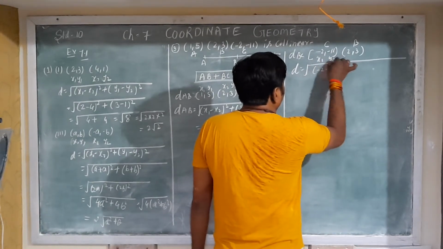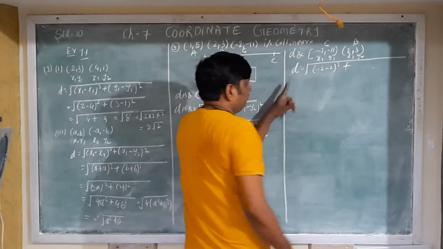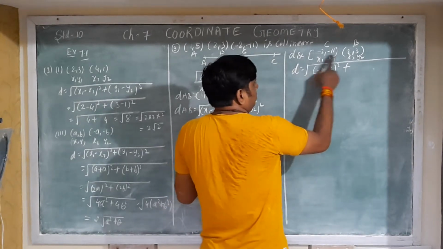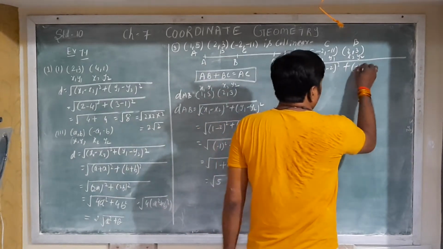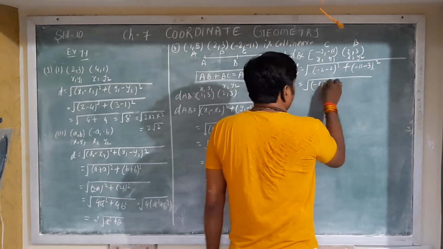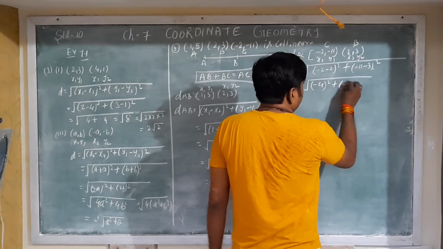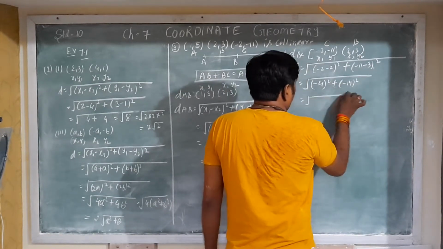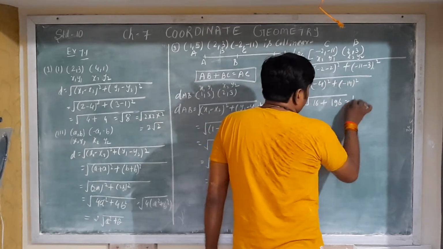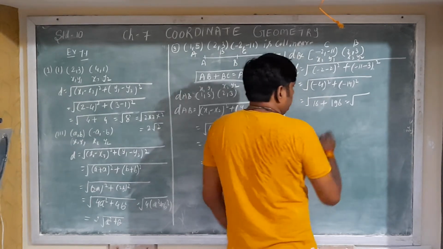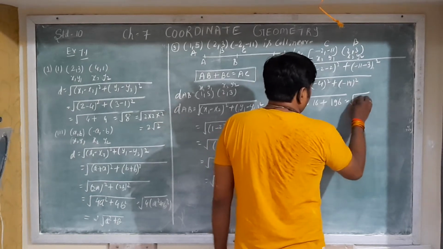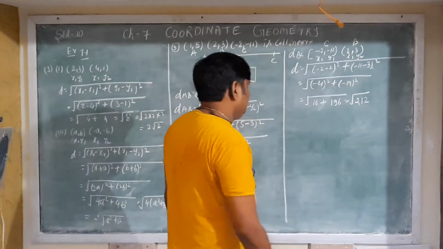Suppose here x1, y1 and x2, y2. Minus 2 minus 4 square, minus 3 minus 11, minus 3 minus 14 square. 4 4s are 16 and 14 square is 196. What is your answer? Addition of both: 196 plus 36 is 212.